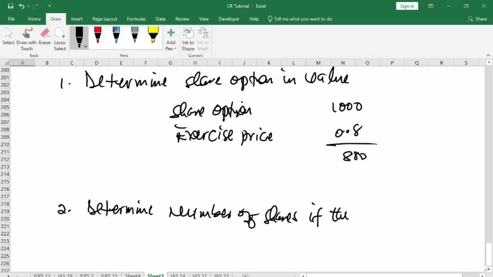The number of shares if the shares are bought back. How do you get that?